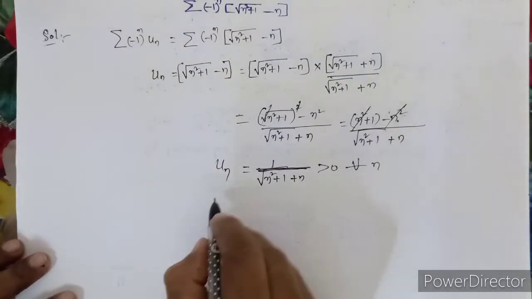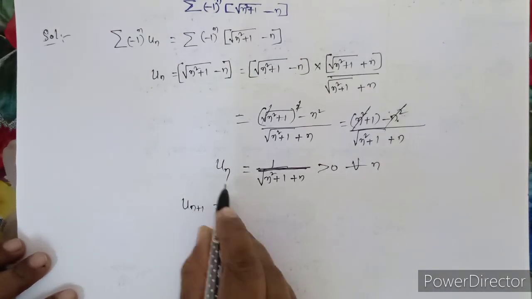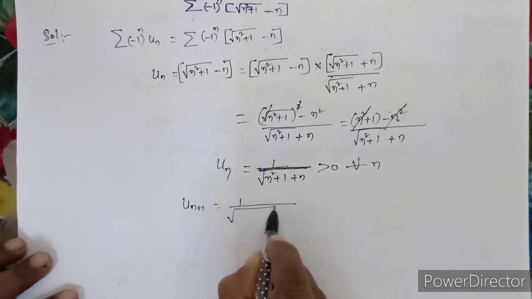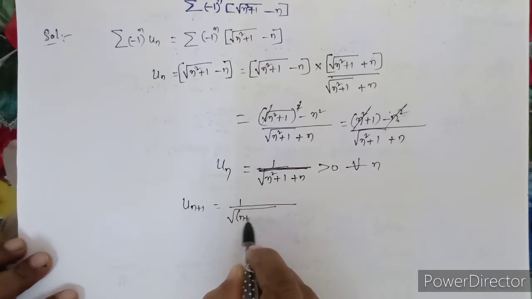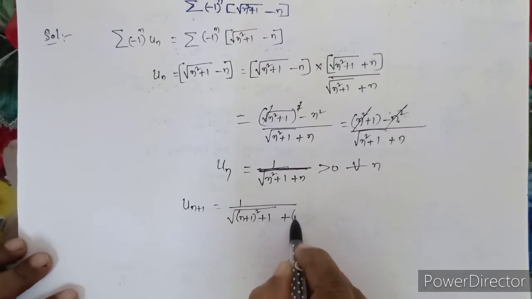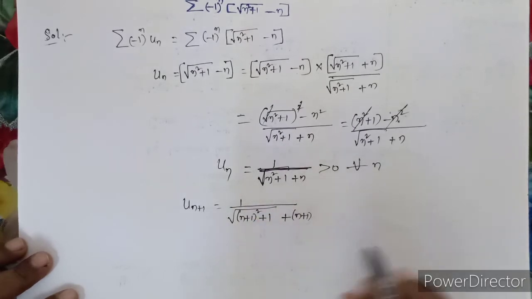Now we find u_(n+1) by replacing n by n plus 1: 1 by root of (n plus 1) whole square plus 1 plus n plus 1. Clearly, as the denominator is increasing, u_(n+1) is decreasing.